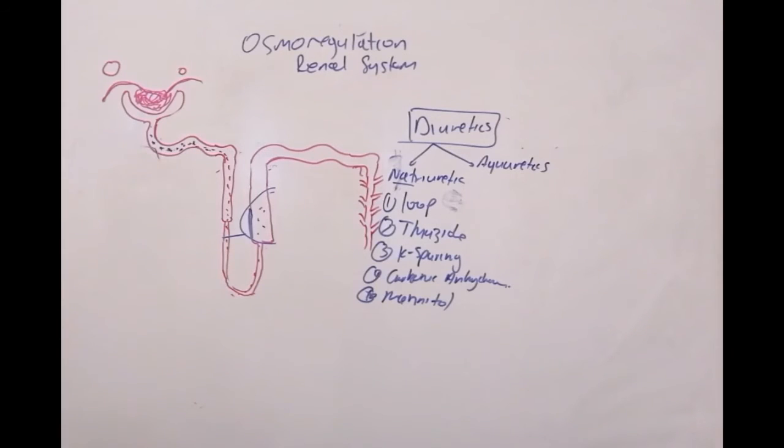Now, those diuretics target specific sections of the nephron. Different parts of the nephron reabsorb different amounts of water. There are sections of the nephron that reabsorb more water than other sections.